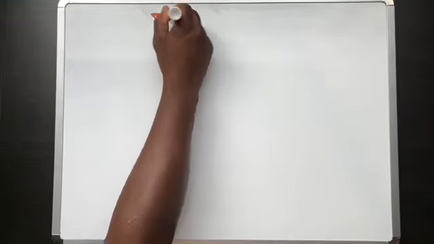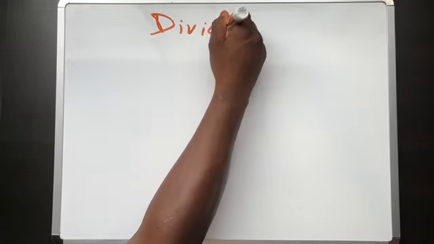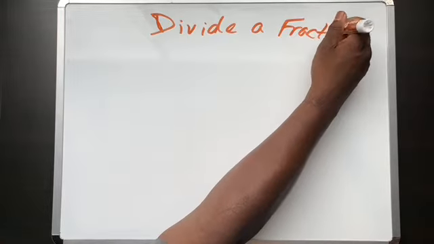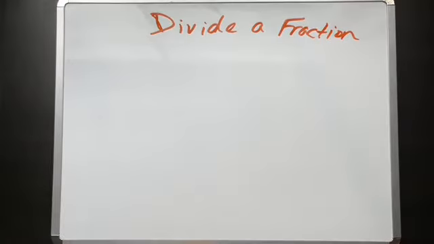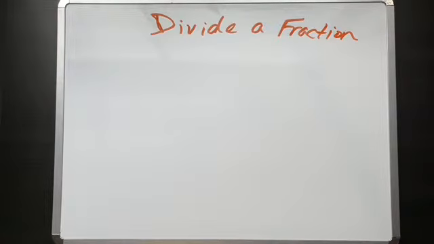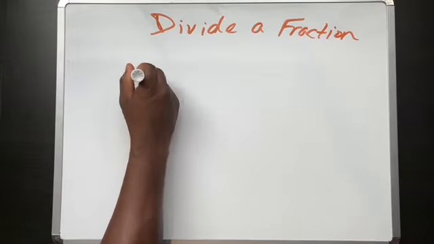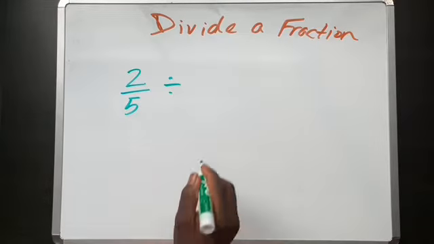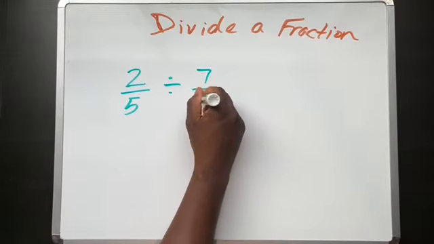So let's start with dividing a fraction. I'm going to divide a fraction. Okay. So let's say I have 2 over 5, and I want to divide that by 7 over 4.